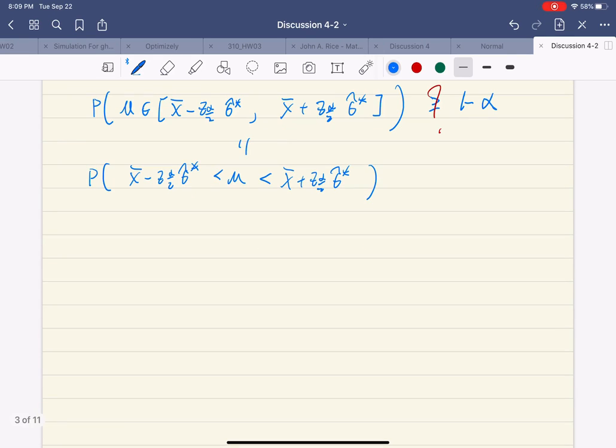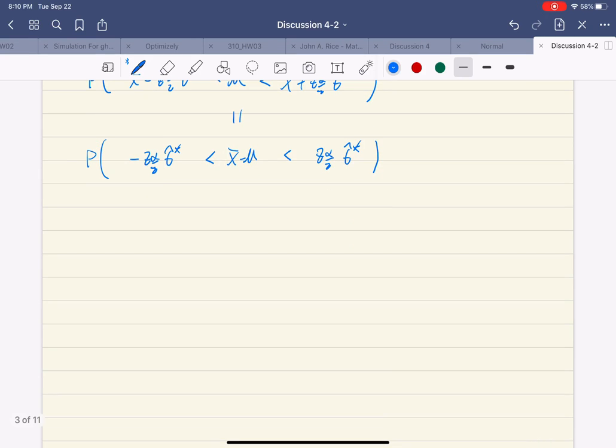Okay, and we do some rearrangement. Now let's say we want to apply the central limit theorem.